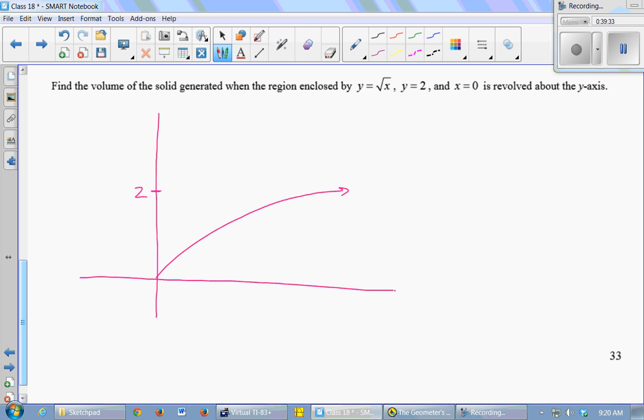Sorry, that's not where y equals 2 is. Here's the line y equals 2. So this is my region, same region as before, but I'm going to revolve it around the y-axis. No, that's x equals 2. Sorry.